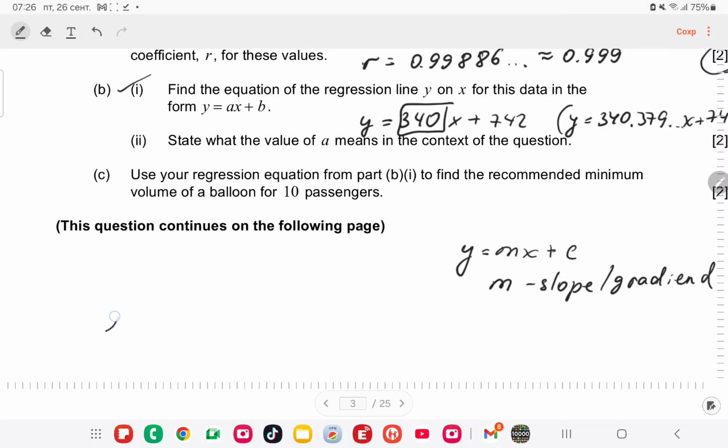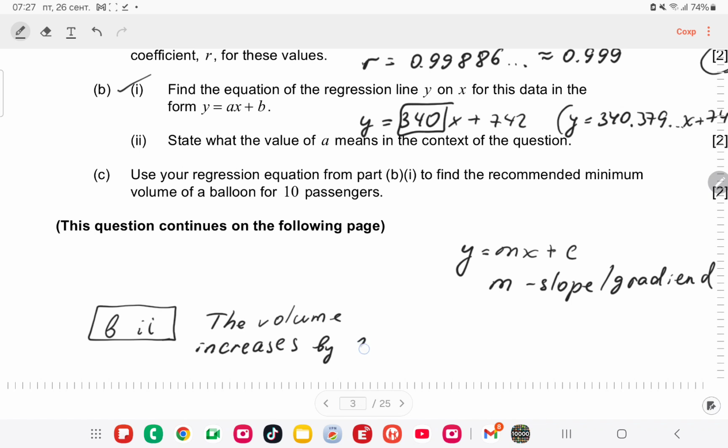Let me write the answer somewhere here. B2: the volume increases because the slope is positive, increases by 340 meters cubed for each additional passenger.